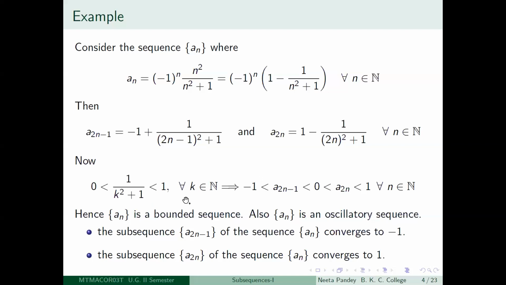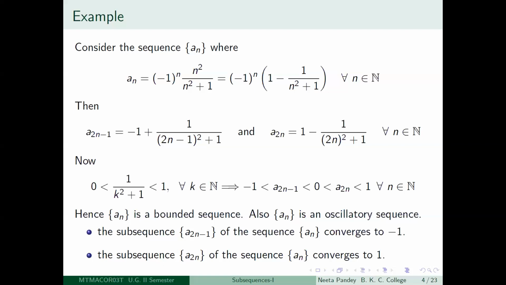And these numbers keep changing, so it is an infinitely oscillatory sequence. So what is interesting to us from an overall viewpoint is that a_n is a bounded sequence, and you have at least given an example of 2 subsequences of this which will be convergent. One converges to minus 1 and the other converges to 1.